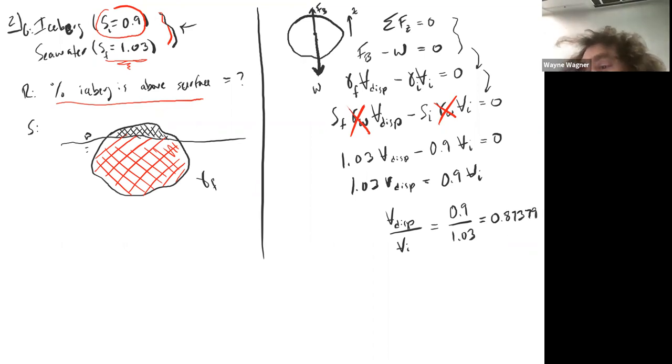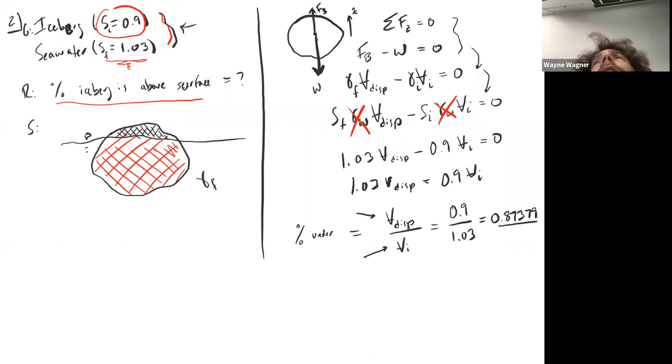And what that tells us is that the volume displaced is 87.4% of the total volume of the ice. So that's the percent that is underwater. This is the percent of the total iceberg that is underwater.